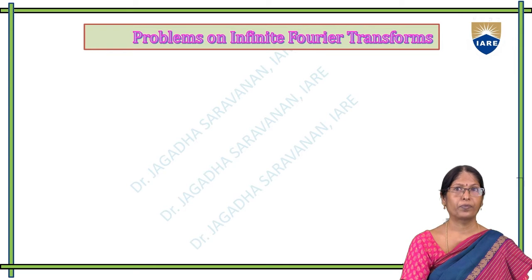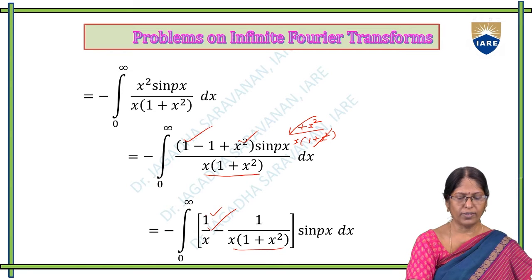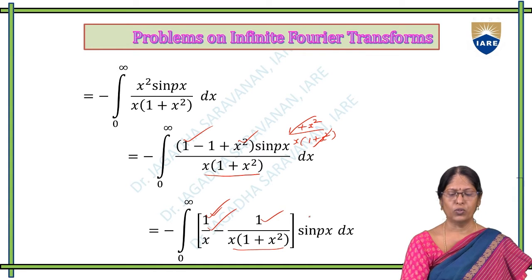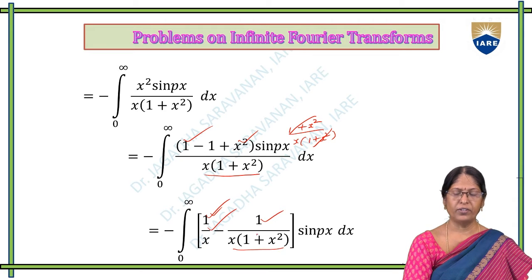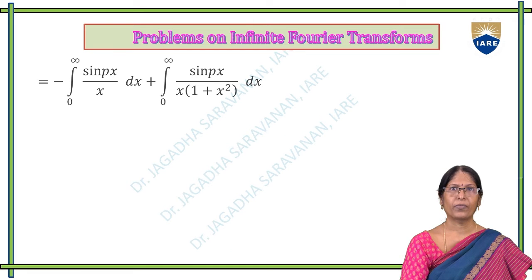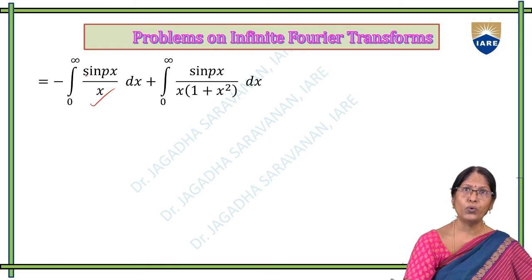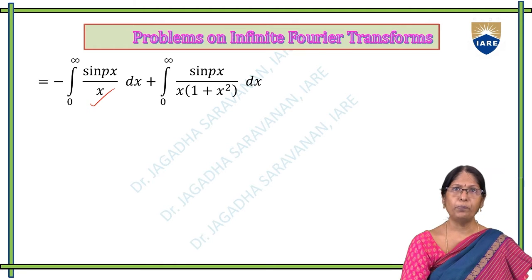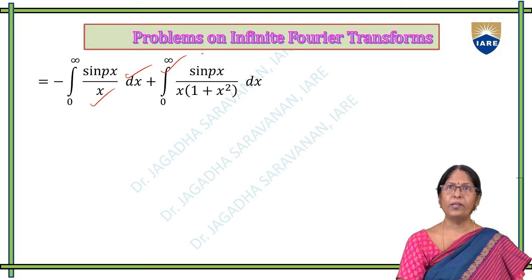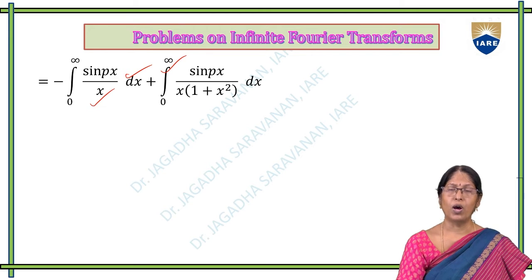Now, this as one integral, this as another integral. So we are going to split the one integral as two integrals we are going to write. So it is written here, minus integral 0 to infinity sine px by x dx plus integral 0 to infinity sine px by x of 1 plus x square dx.